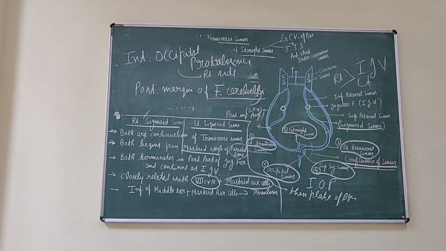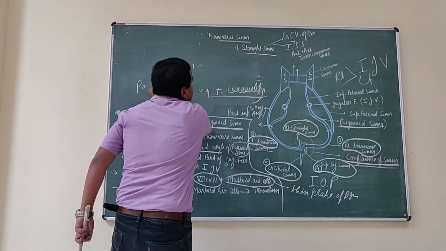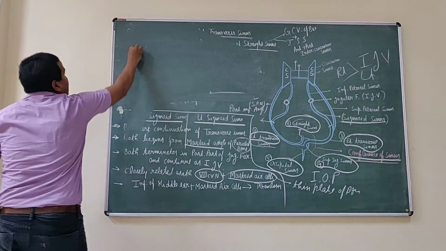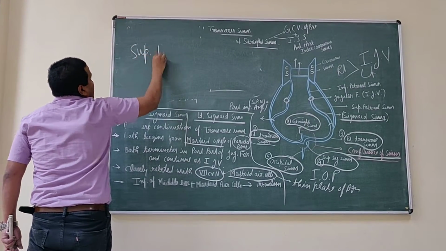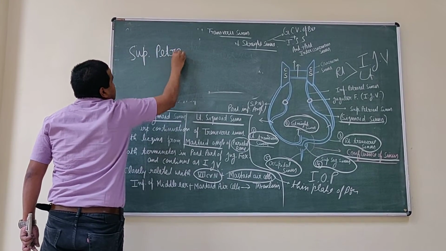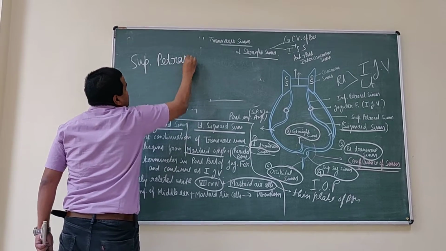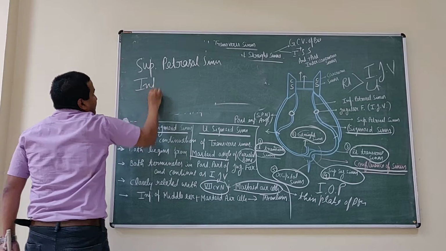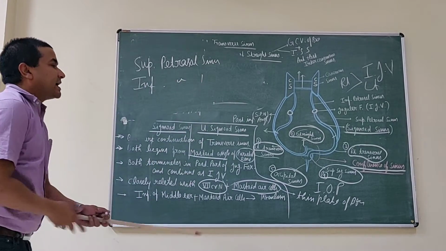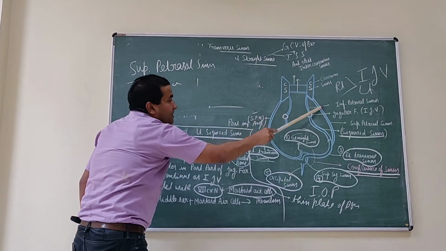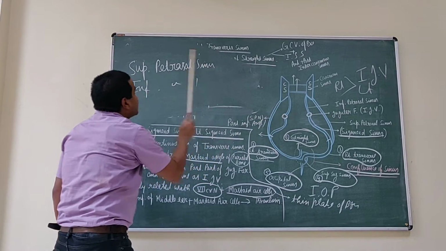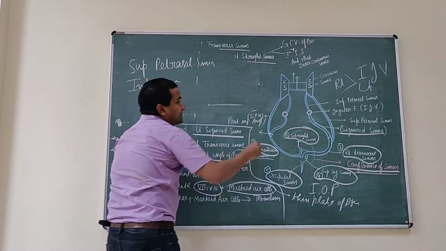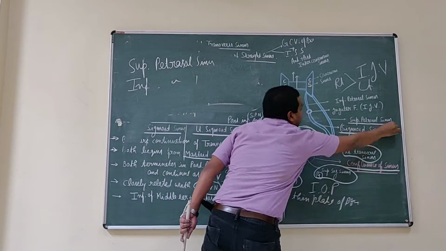Now, last important are the superior petrosal sinus and inferior petrosal sinus. In this diagram, this is the superior petrosal sinus. Both are paired sinuses, superior and inferior, present on both sides. This is the SPS, the superior petrosal sinus.